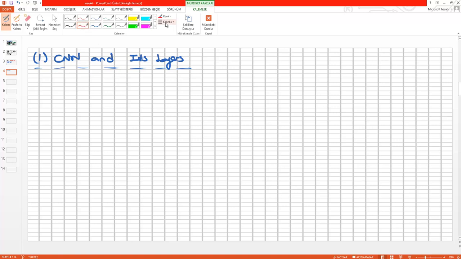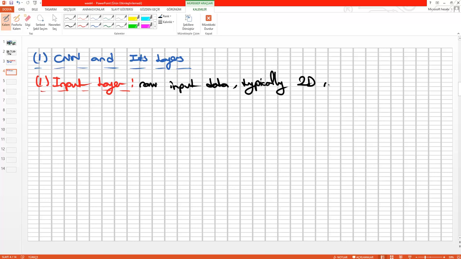Okay? So in the first place, we need to give the input layer. Input layer, like the standard neural network application, is the raw input data. Okay? For example, a standard image or signals. Typically this is a 2D matrix or an image.